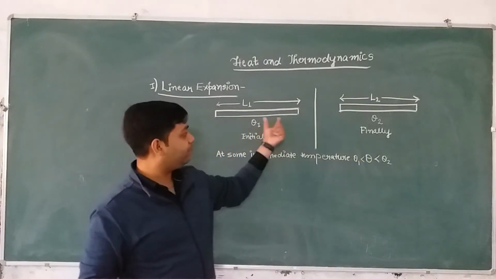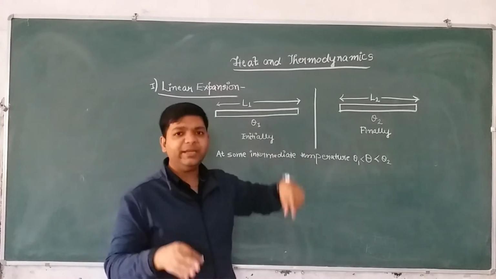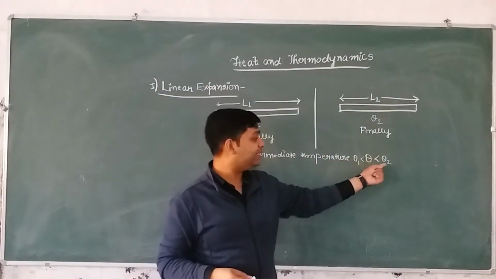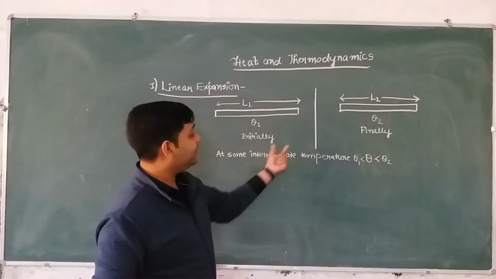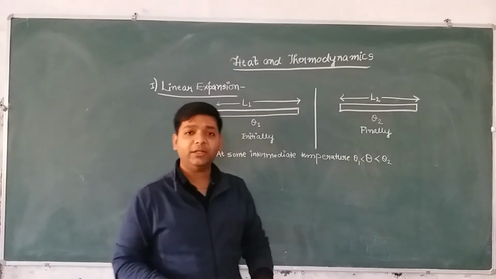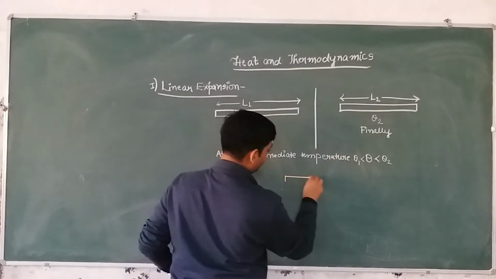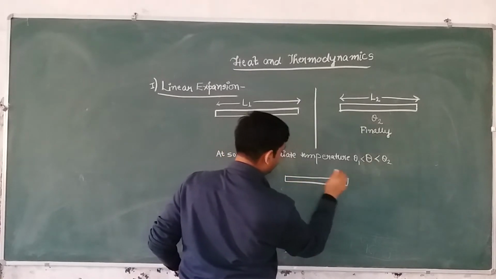While the temperature is increasing, we are considering one intermediate situation when the temperature is theta. Let's say when the temperature is theta, the length of the rod is L.